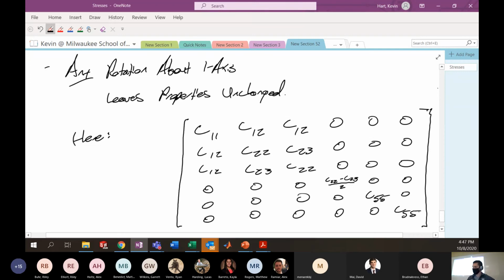Okay, strange one. Now we see we have 1, 2, 3, 4, 5 independent elastic constants.